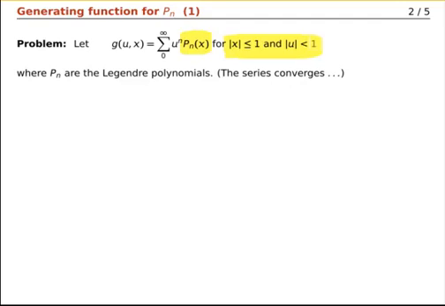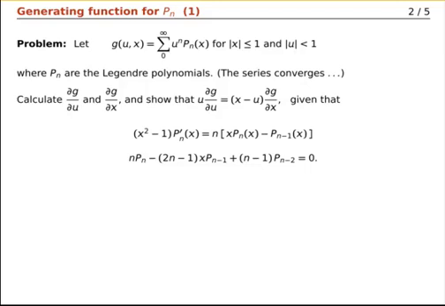The reason is that we can only be sure that the series actually converges if these conditions are satisfied. The basic fact that you need to see that that's true is that the Legendre polynomials lie between +1 and -1, provided that x is between 1 and -1. For larger or smaller values of x, the magnitude of Pn gets larger, and that of course affects the convergence of the power series.